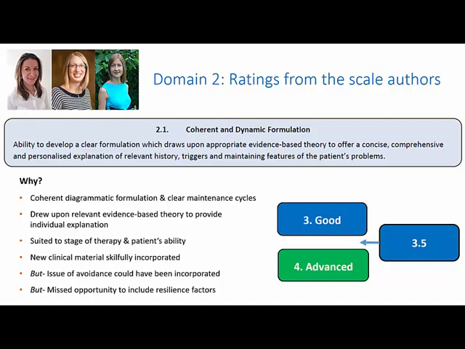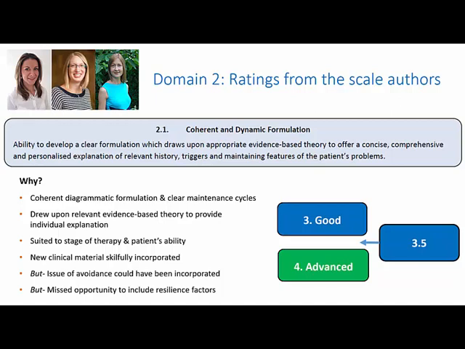This aspect of avoidance isn't explicitly incorporated either in the diagrammatic formulation submitted, or the maintenance cycles, or the additional information that's incorporated within the formulation within the session that we heard. So we felt that there was perhaps an opportunity to incorporate this aspect of avoidance within that formulation.